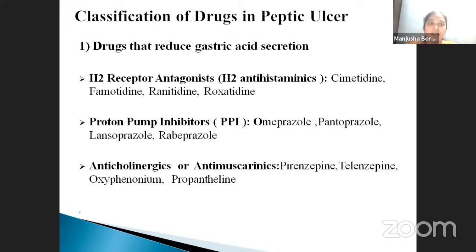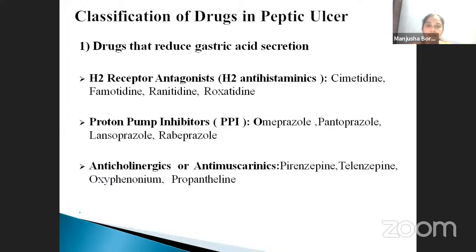We have drugs to reduce gastric acid secretion, used in the treatment of peptic ulcer. We have H2 antihistaminics like cimetidine, famotidine, ranitidine, roxatidine, which competitively block the histamine H2 receptor and produce the effect.